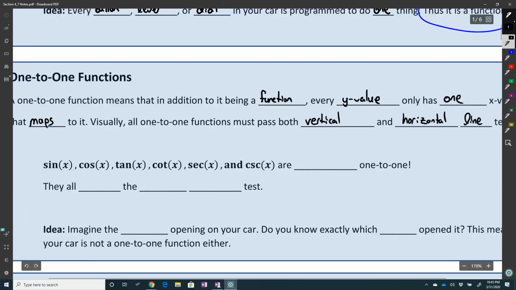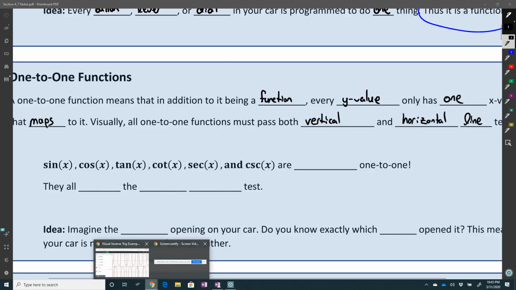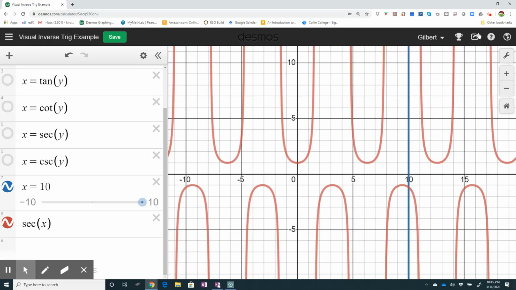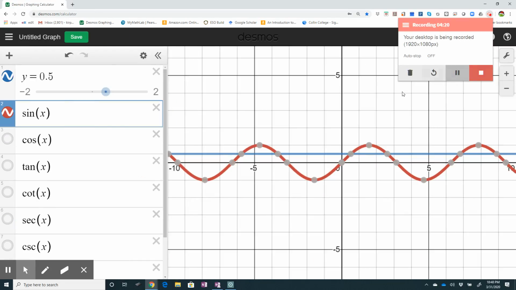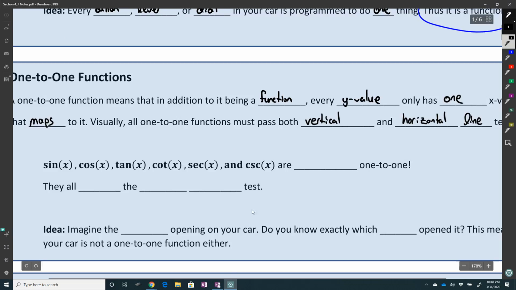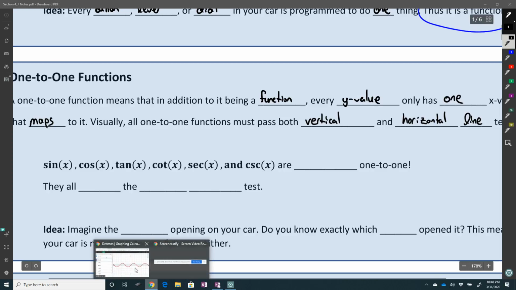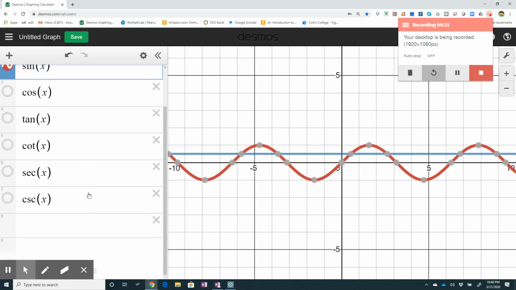Okay? So sine, cosine, tangent, cotangent, secant, and cosecant, if I go back to Desmos, and you know what, I'm going to pause it so I can create a better graph, because I need to do this a little better. Alrighty. So sine, cosine, tangent, secant, and cosecant, notice that they all pass the vertical line test, like I mentioned earlier.